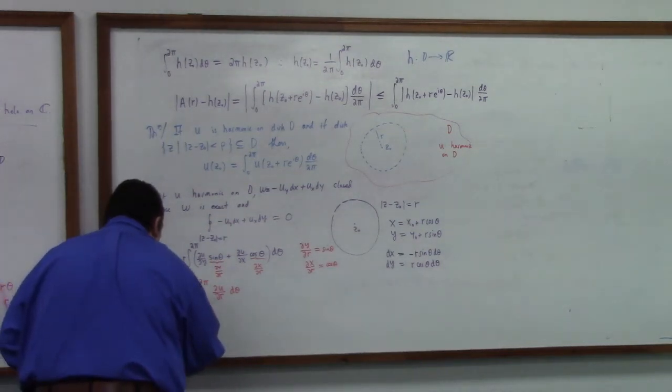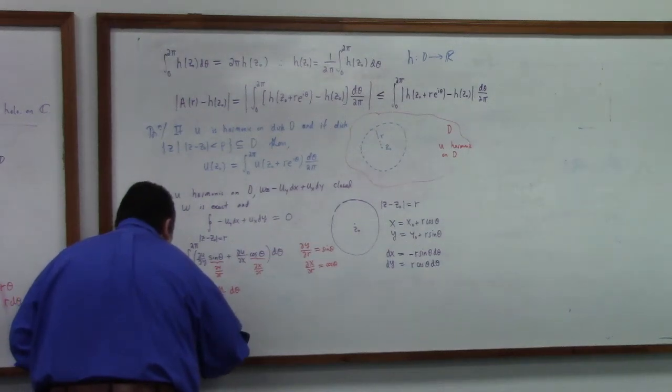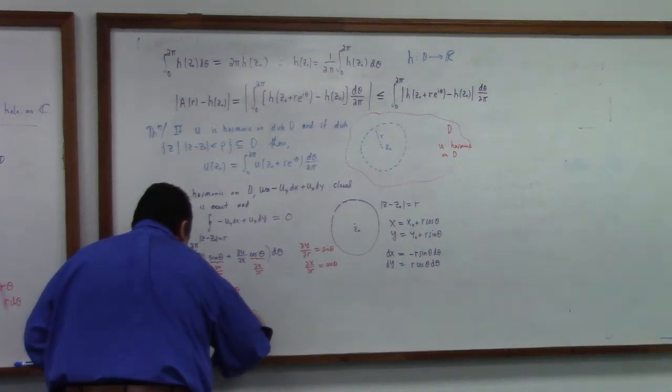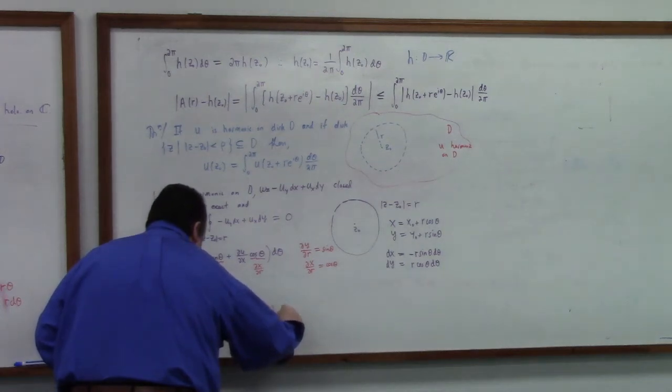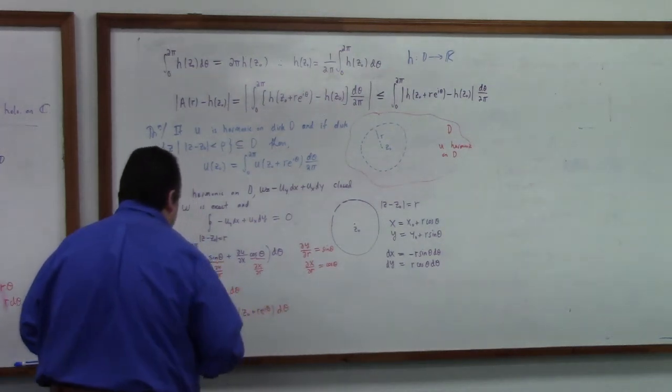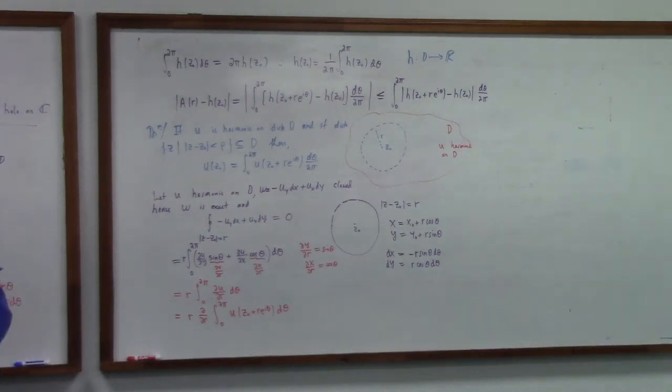I'll bring the partial derivative outside of the integral, and we have the integral from 0 to 2 pi of u of z naught plus r e to the i theta. I'm omitting some details in the calculation above, right?